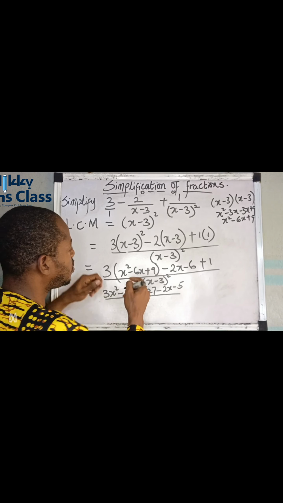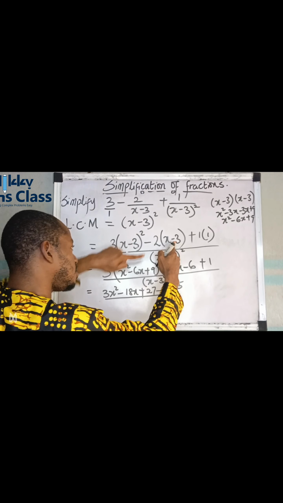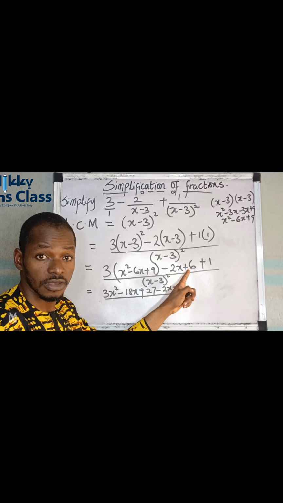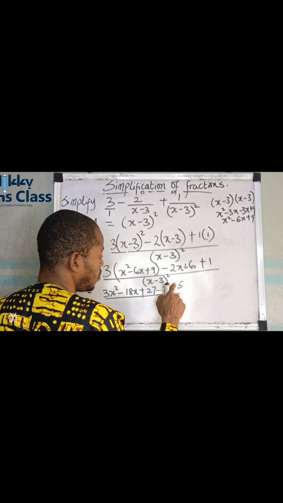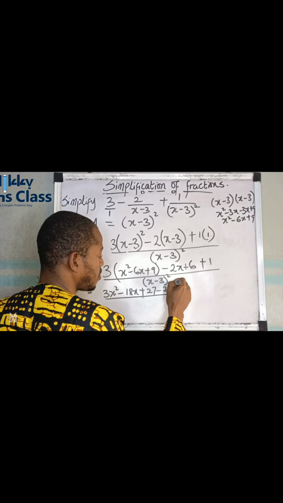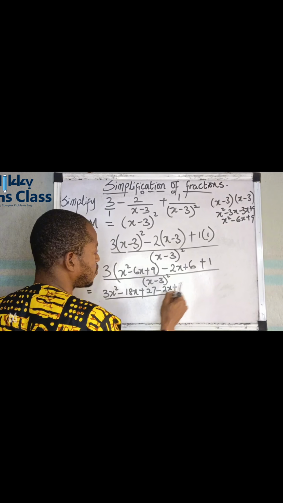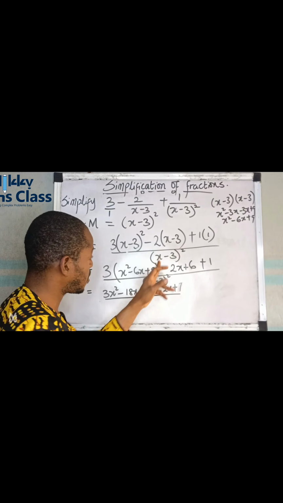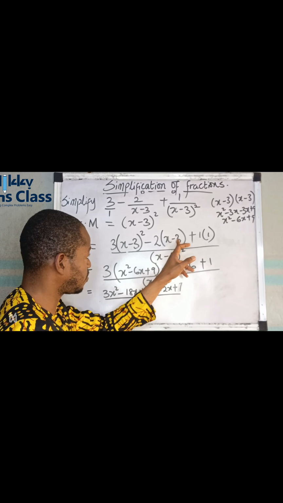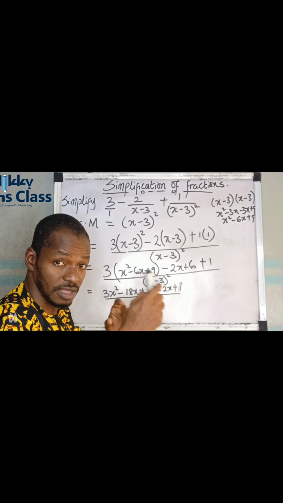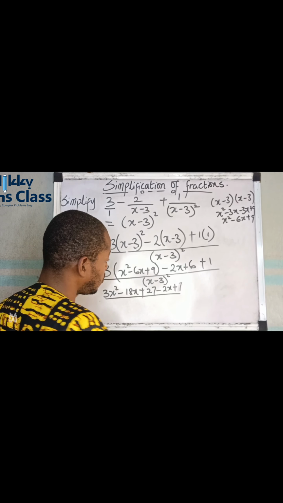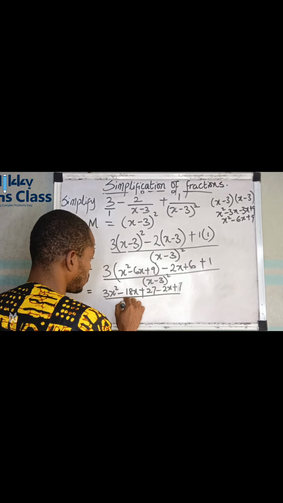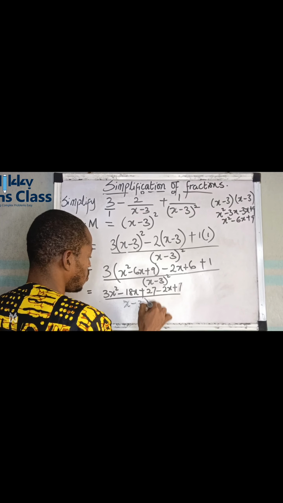Hold on, sorry, this is negative 2 times negative 3, that's positive 6. Positive 6, so this will give us positive 7. Take note, negative 2 times x, that's negative 2x. Negative 2 times negative 3, that's positive 6. Minus times minus is positive. Okay, so this is (x minus 3) all squared.